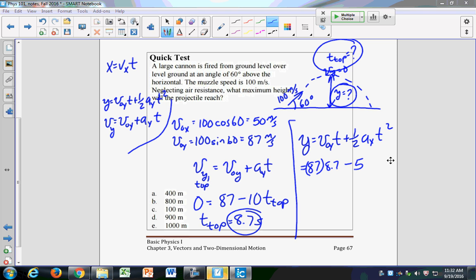Remember, half of -10 is -5, so I carry down that -5 times 8.7 squared. And that should give me 378, which is about 400 meters. You get 378. So A is the right answer.